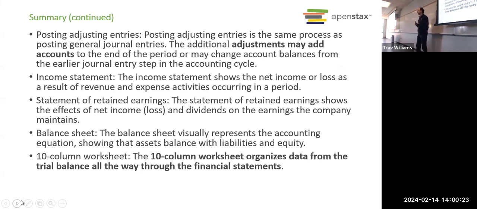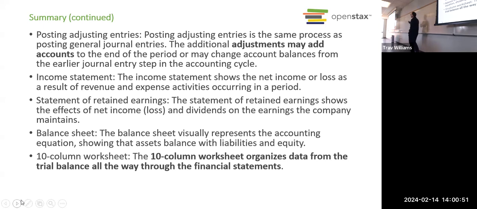So we did see some examples, like there was one exercise we did where, remember, we looked at the trial balance and there was a place on the trial balance for salaries payable, but there was nothing in the data. There were no salaries payable until we made an adjusting entry, right? So sometimes when you make an adjustment, an account that previously had a zero balance now has a balance.